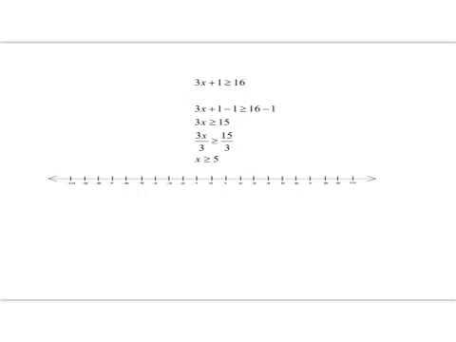By doing so, our 1 is eliminated from the left, and then 16 minus 1 will give us our 15. Divide both sides by 3, and we get x is greater than or equal to 5.